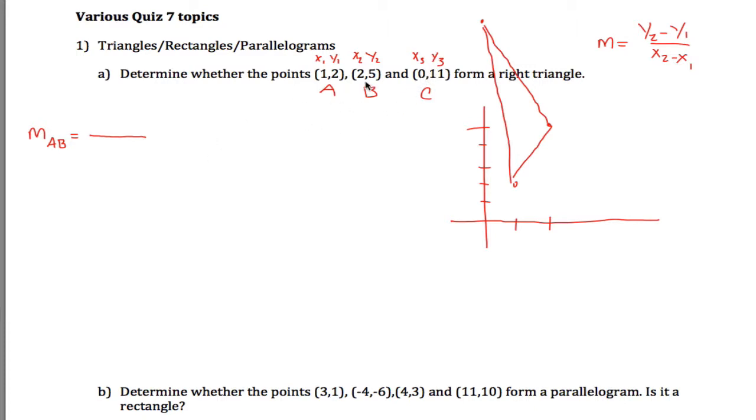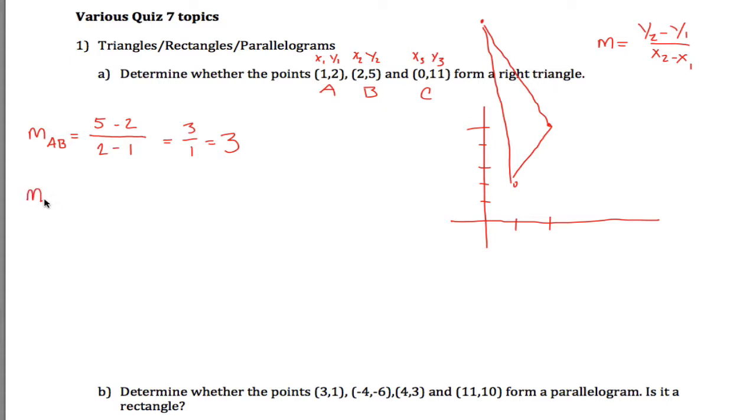If I follow my formula, y2 is 5 minus y1 is 2, divided by x2 is 2 minus x1 is 1. 5 minus 2 is 3, 2 minus 1 is 1. What I get is that the slope of the line between those 2 points is 3.